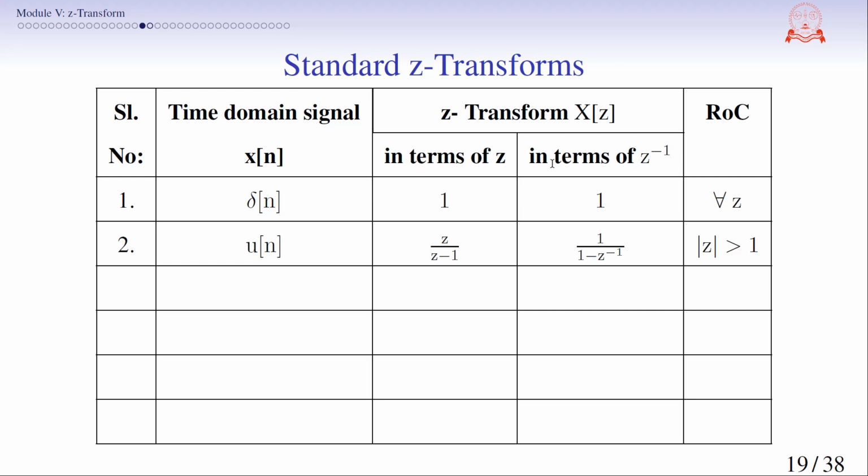Next, for the unit step signal u of n, the Z transform is Z upon Z minus 1, or in the negative powers of Z, we can write 1 upon 1 minus Z raised to minus 1. Here, the region of convergence is mod Z greater than 1.